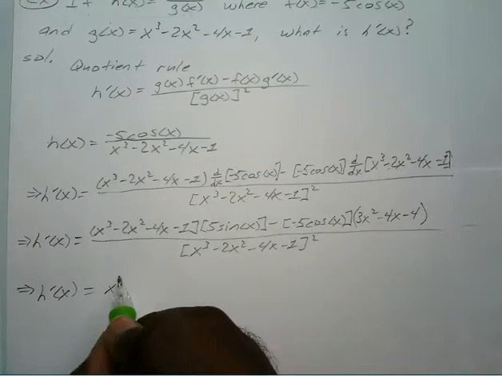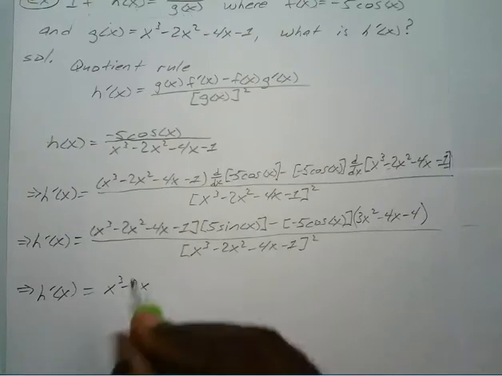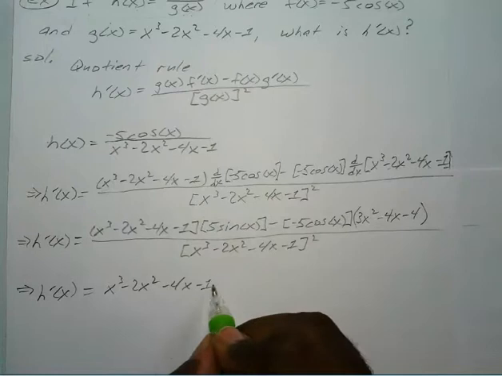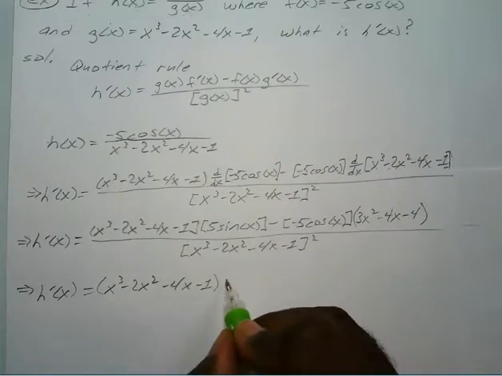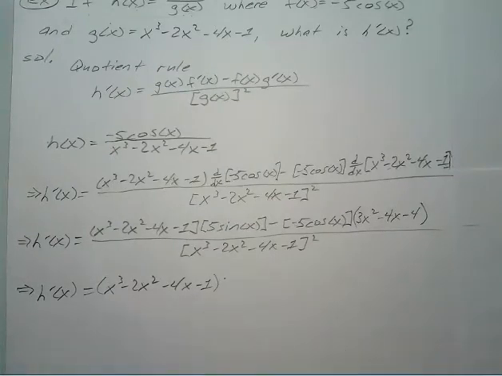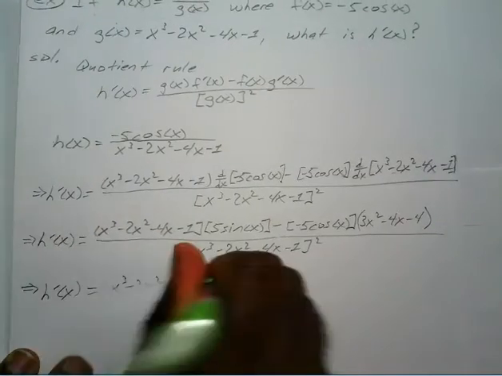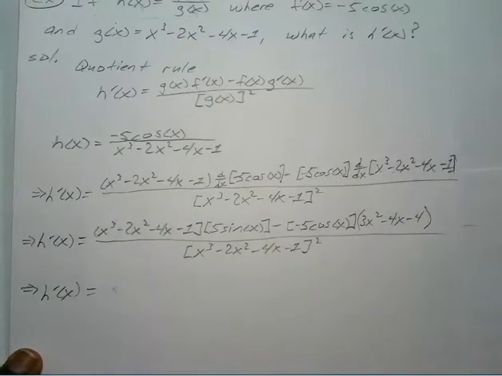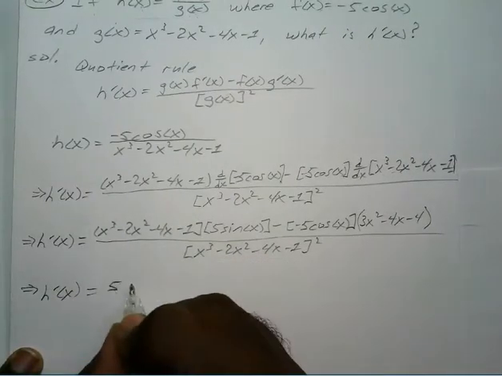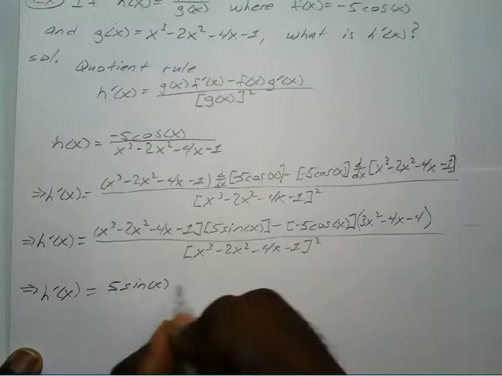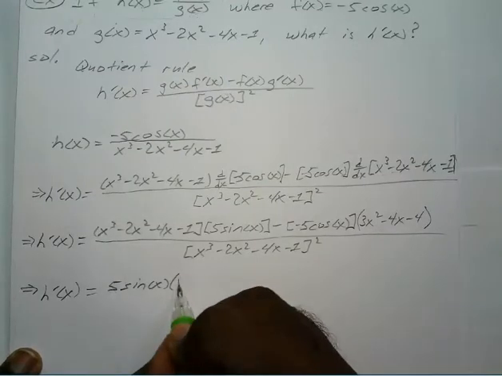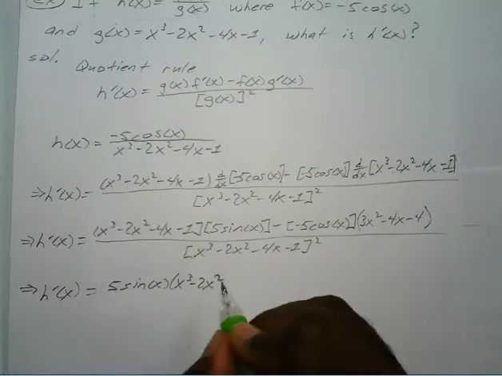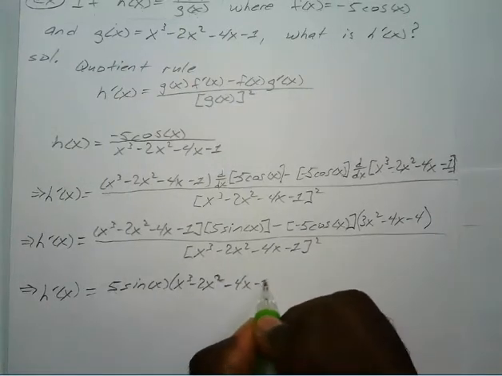So you have x to the third minus 2x squared minus 4x minus 1 times, actually I can bring that 5 sine of x out to the front. It looks a little awkward being behind it. So you have 5 times sine of x times x to the third minus 2x squared minus 4x minus 1.